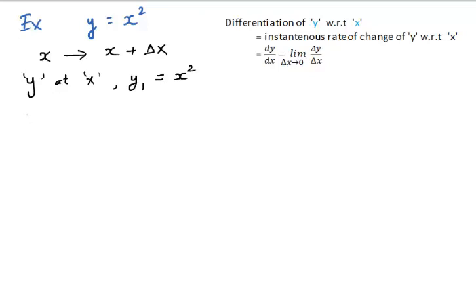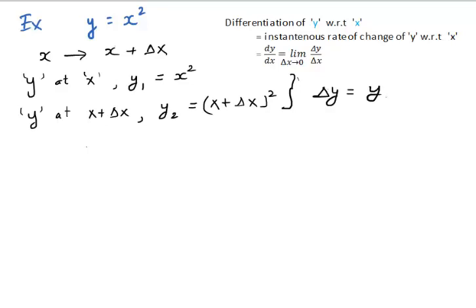Now, the changed value of y at x equal to x plus delta x, let's call that y2, is equal to x plus delta x whole square, because the value of x is x plus delta x and we have to substitute x plus delta x in place of x.